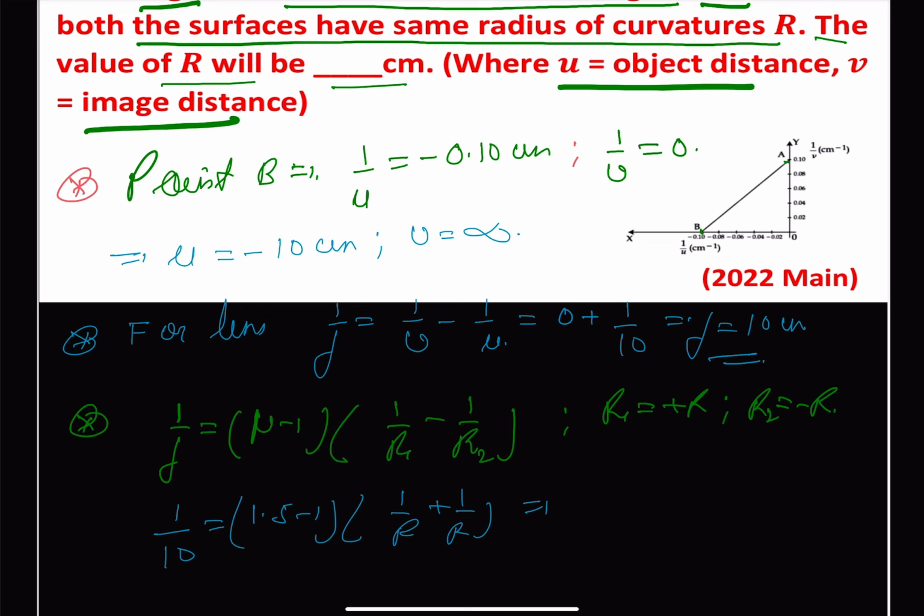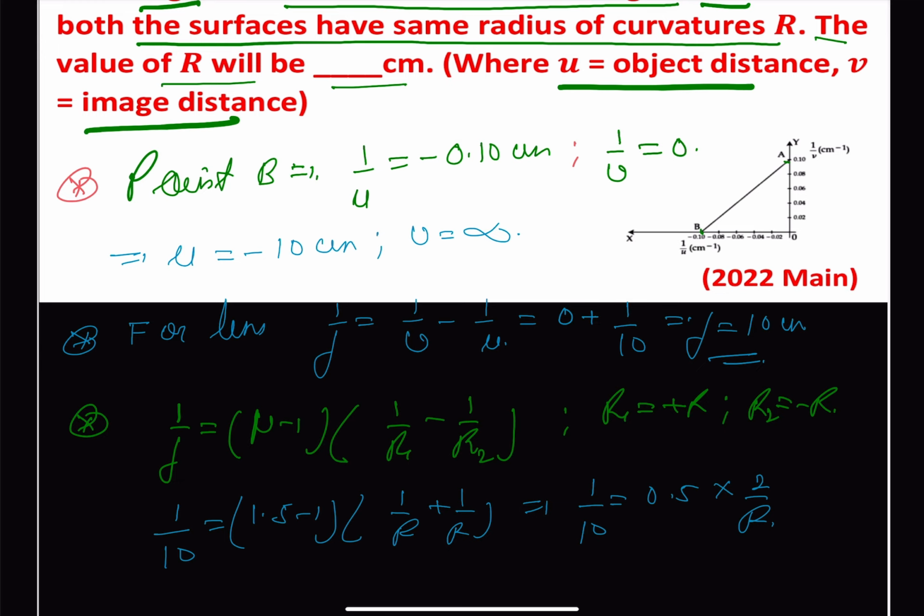So this gives us that 1.5 minus 1 will be 0.5. So we have 1 upon 10 is equal to 0.5 multiplied by 2 upon r.